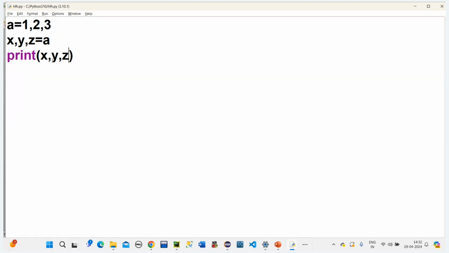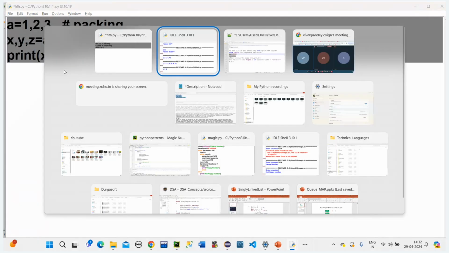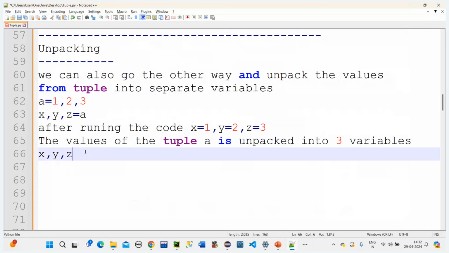Yes, guys. So I guess you understood. Here this is packing, and in the next line itself it is unpacking. Unpacking means we are separating one value into one variable. So this is done.